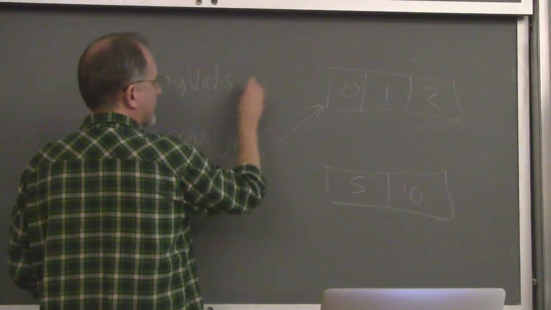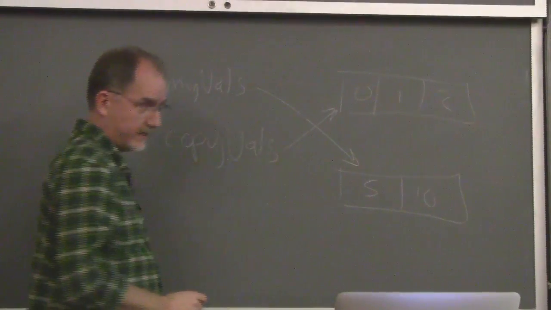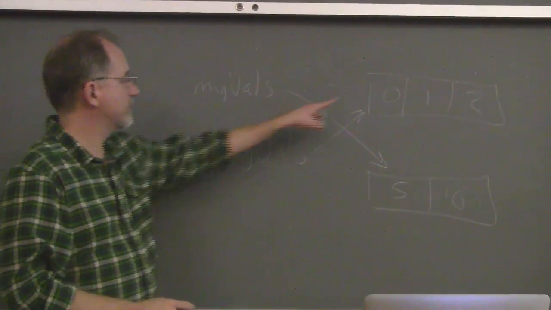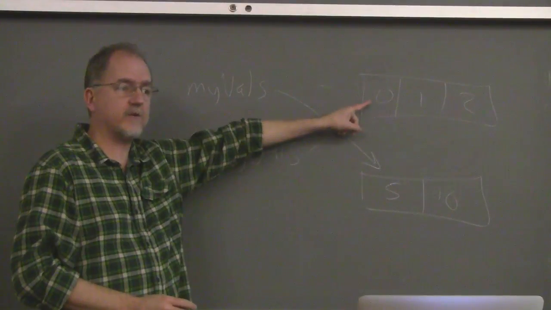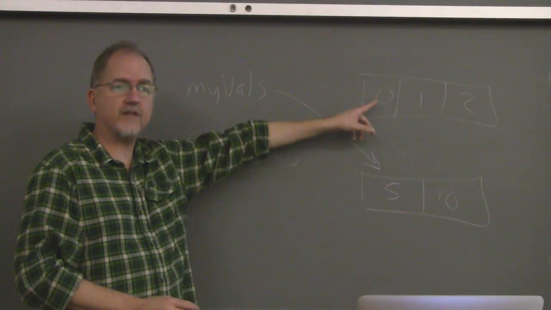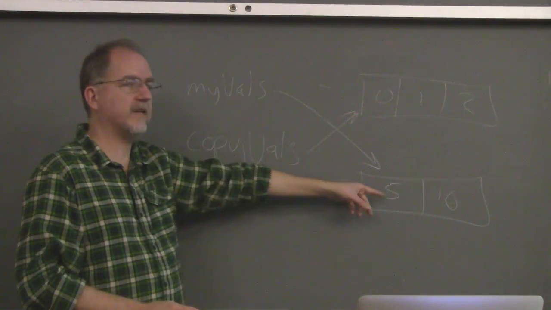This would now reference that array. This one would still reference the original array. Both those objects would still stay alive during garbage collection because something is referencing them. But these are now independent objects.